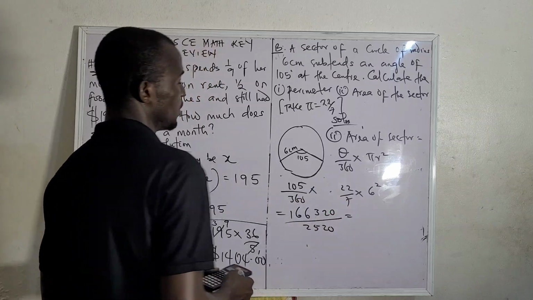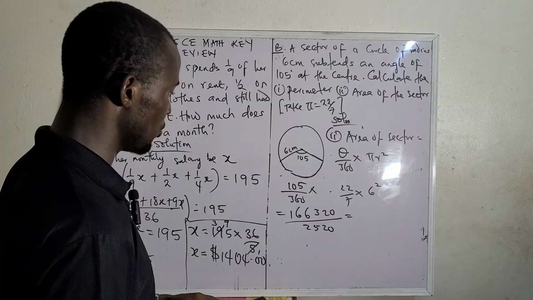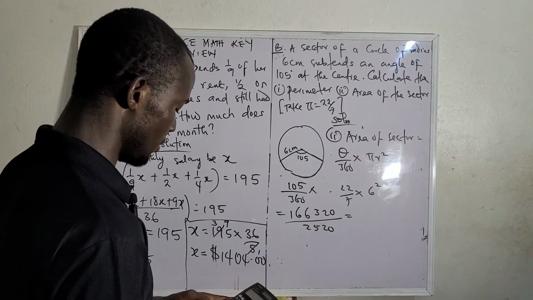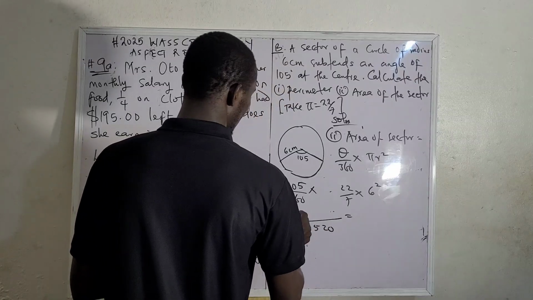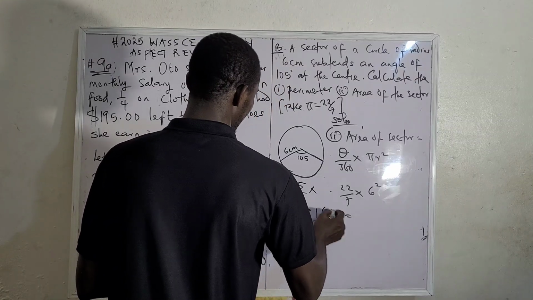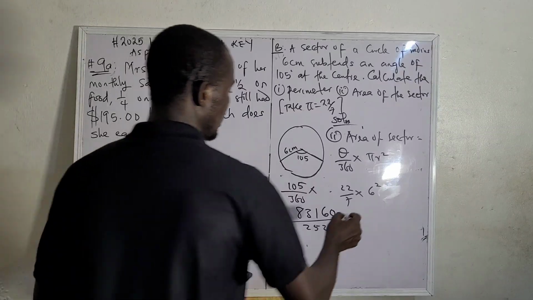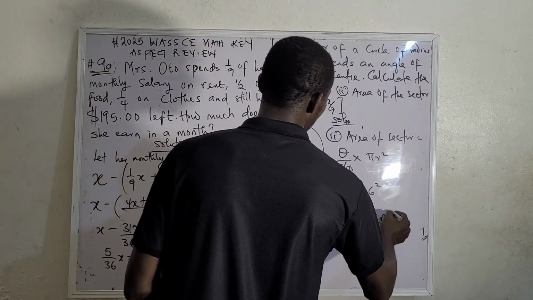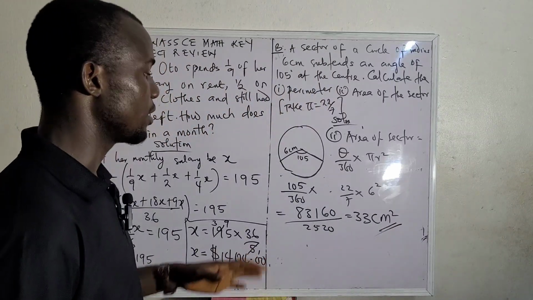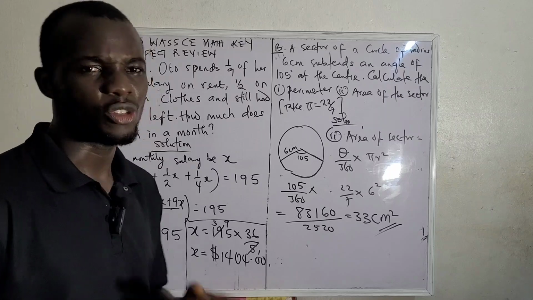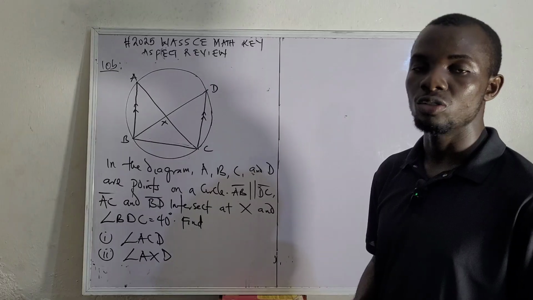It's just 22 over 7 times 6 squared. So 105 times 22 times 36 is 83160, and then divided by 2520, that is 33 centimeter squared. So the answer we get for that is 33 centimeter squared. Too easy. Yeah.